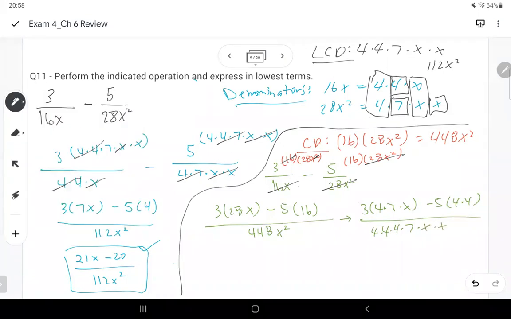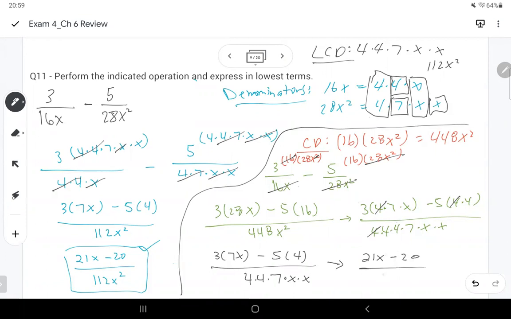And then here, notice we have a common 4. So I can get rid of all those. So that leaves me with 3 times 7x minus 5 times 4 over 4 times 4 times 7 times x. And that reduces or simplifies to 21x minus 20 over 112x squared.